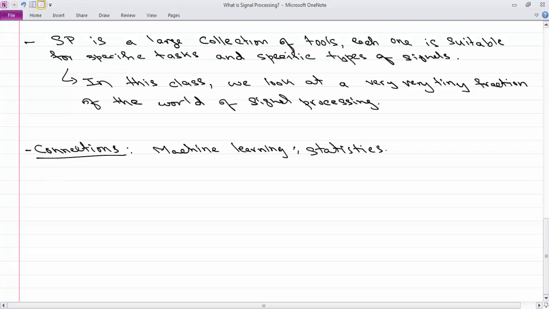In fact, if you look around yourself, you'll be hard-pressed to find devices that do not use signal processing inside them. You can start with, for example, medical things: MRI imaging, CT imaging, modern X-ray. They all employ signal processing. You can look at your cell phone. Pretty much most of the tasks, other than the communication task, rely upon signal processing.